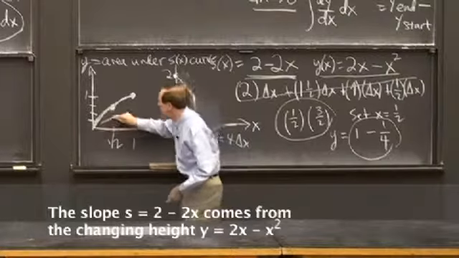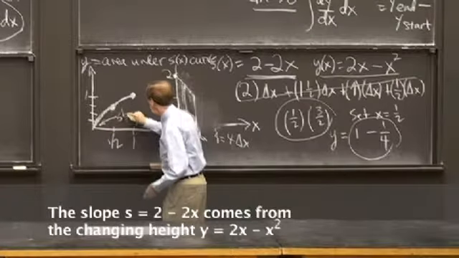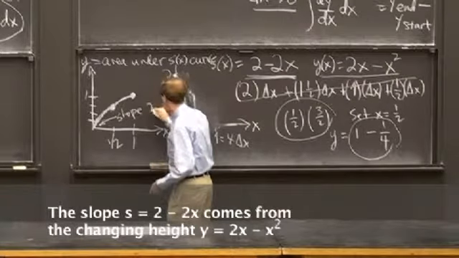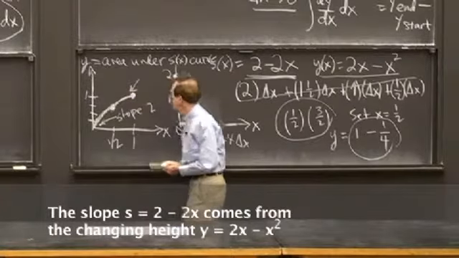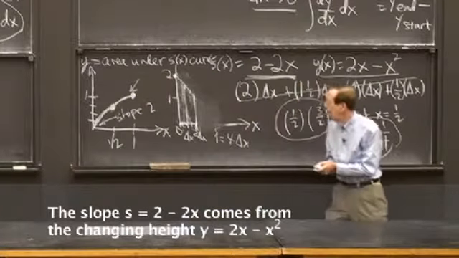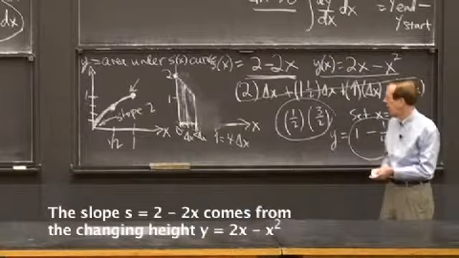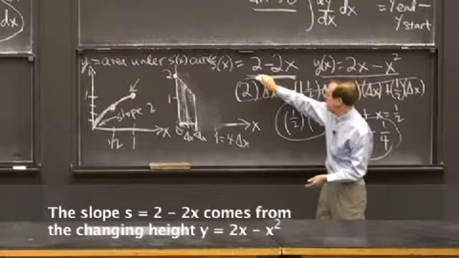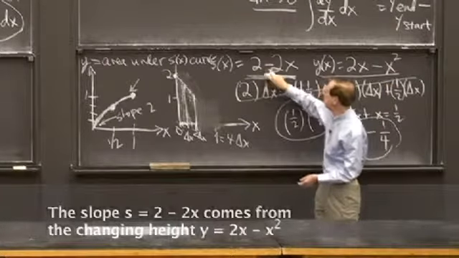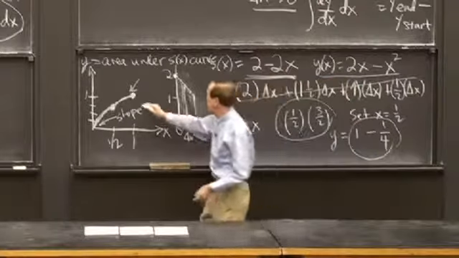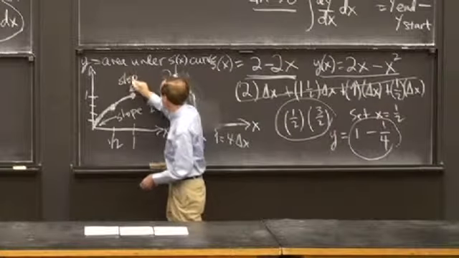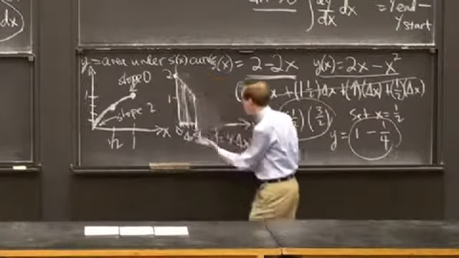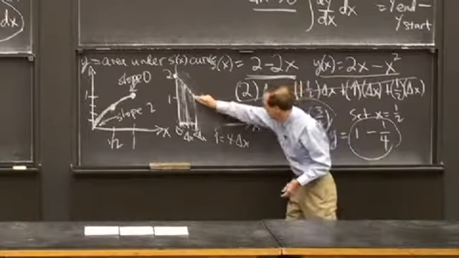So the slope is 2, and there. And what is the slope at this point? You can't tell from my picture, which isn't perfect. The slope, I'm told what it is. When x is 1, the slope is 2 minus 2. Slope 0. The slope is 0. We're not picking up any more height, any more area. And of course, that's right.